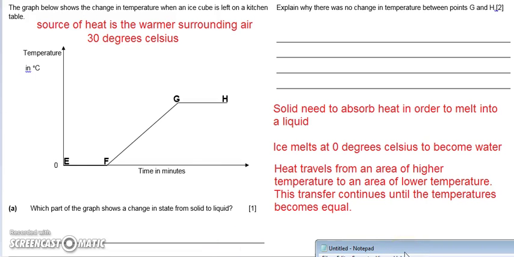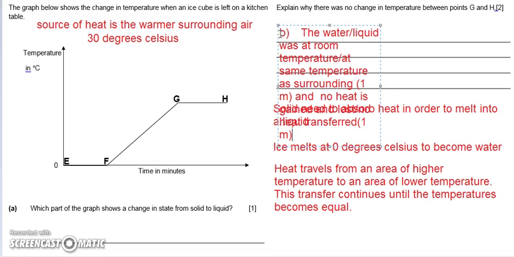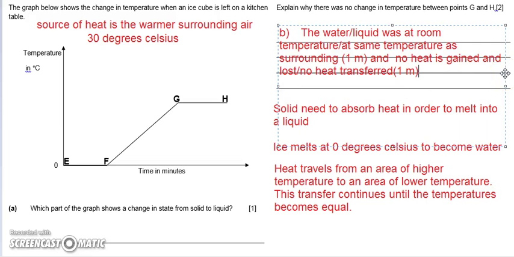Again, for G and H, the water was already at room temperature, which means it is already at the same temperature as the surrounding air, and therefore no heat is gained and there is no loss, no heat transferred from the surrounding air to the water. Because both are already at 30 degrees Celsius, they remain the same.